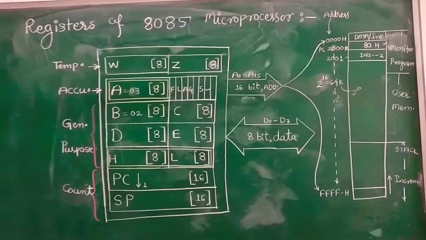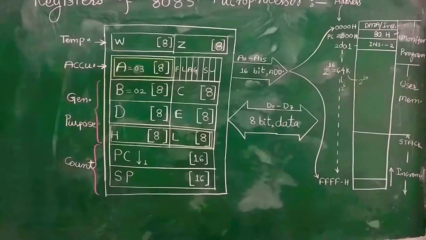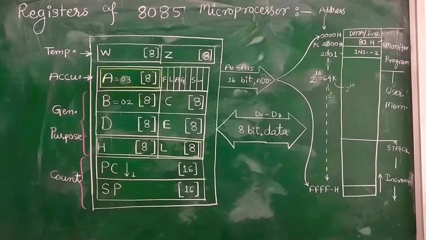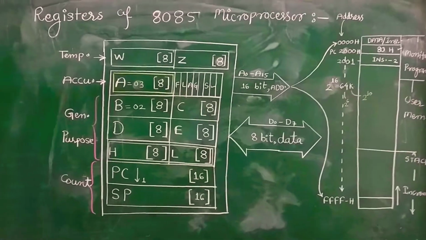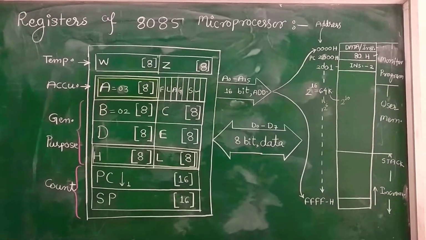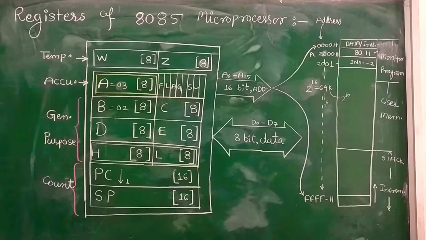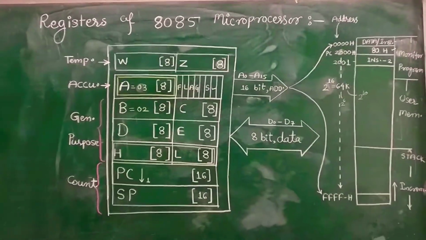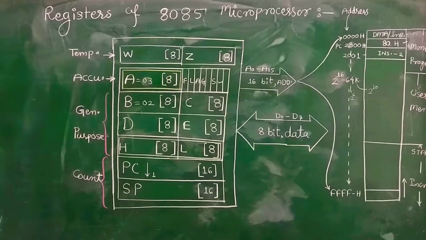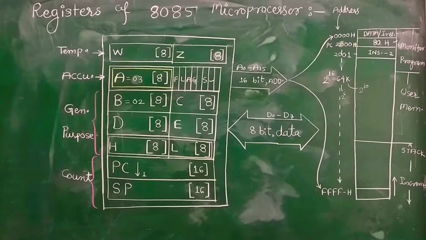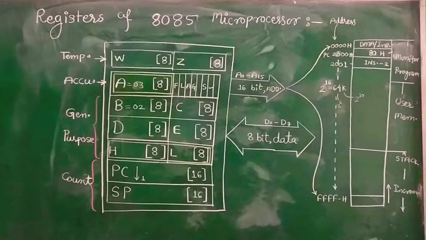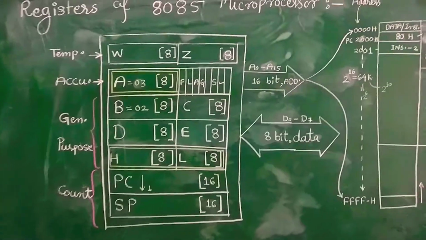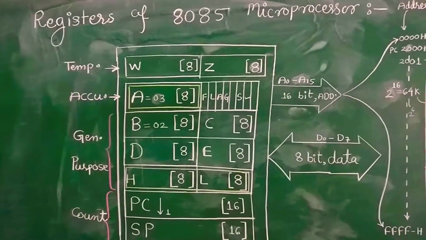Again, we are reviewing some important concepts. We are taking a review of today's lecture. We have in the 8085 microprocessor the different registers. Sometimes in industry examinations or other examinations, a question may be asked as to what is the programming model of the microprocessor. In that case also, we have to write all these registers, address and data buses, and we have to explain all this.